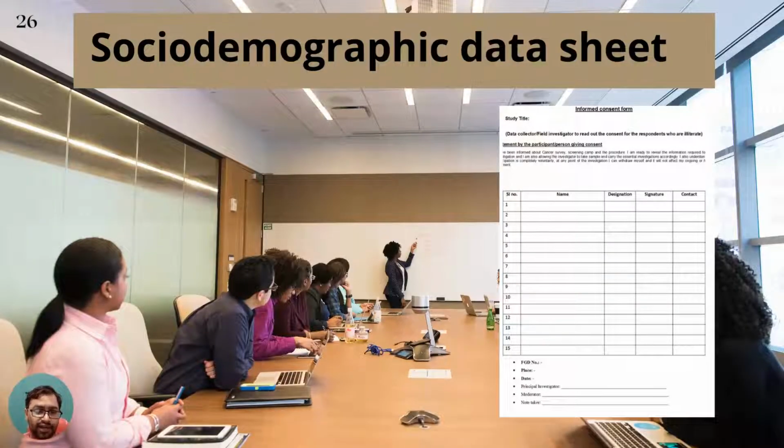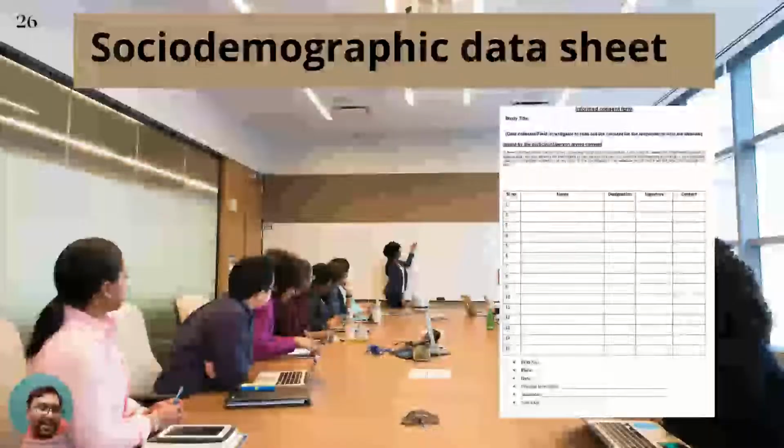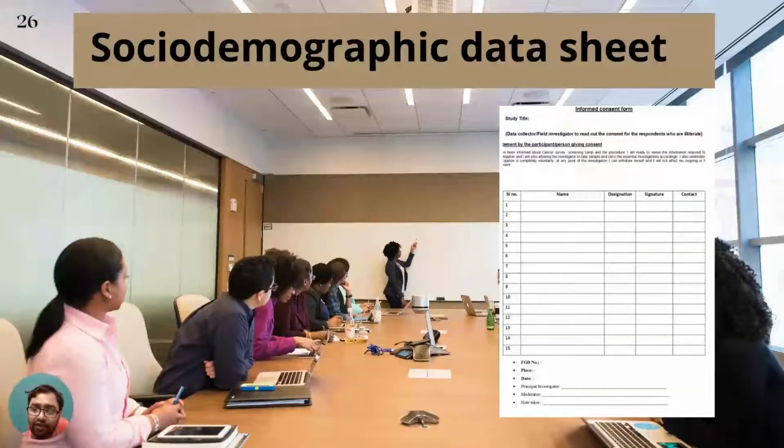You can talk about consent and social activities, and mention signatures of participants, contact numbers, email ID, age, sex, positions. So there are a lot of things you can capture and collect from the respondent members who are present in the FGD.